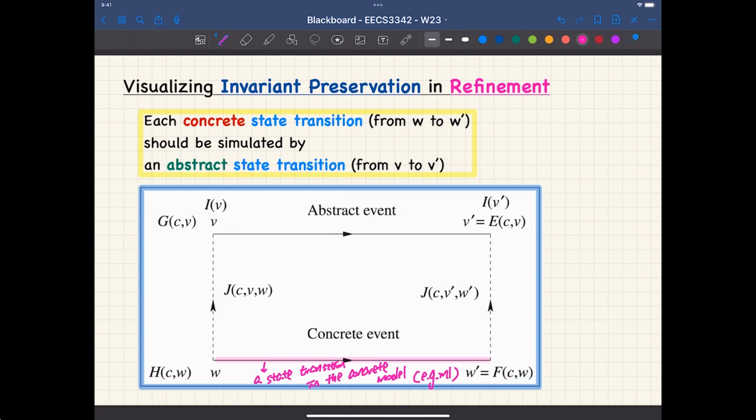Let me just be even more explicit. For example, the M out in M1. All right, so that's the concrete transition. And this one over here is the corresponding transition in the abstract model.